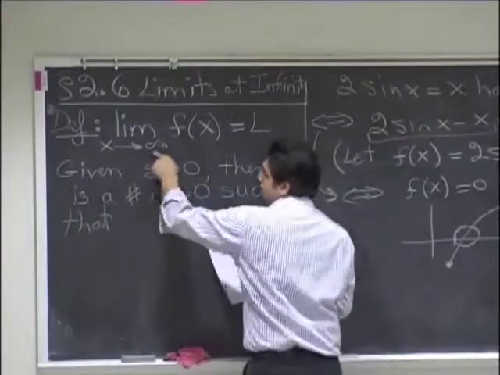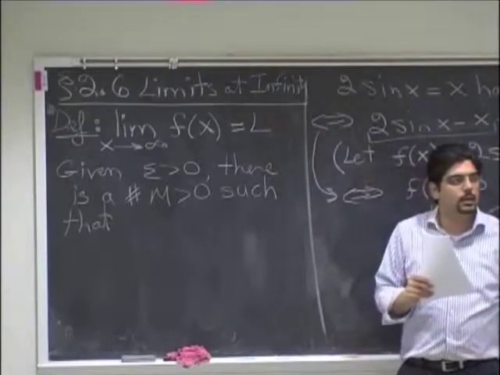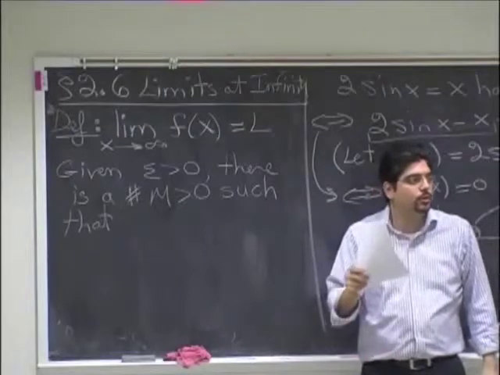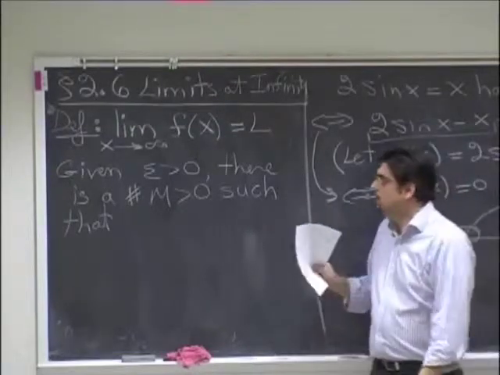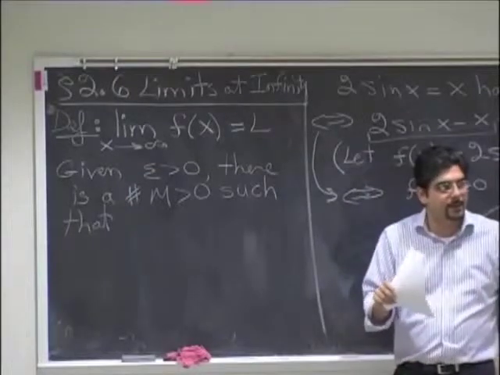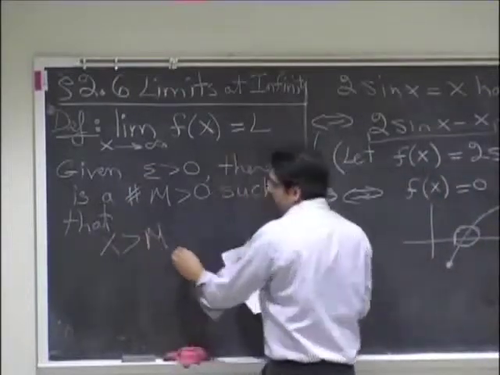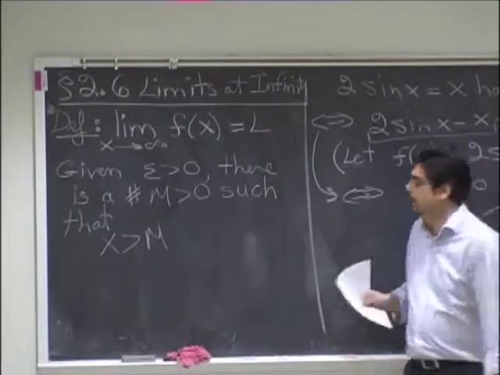But what does it mean for x to go to infinity? X going to infinity means x can grow and grow and grow, right? Which means you give me any number, x is going to be greater than that number, because x is growing.